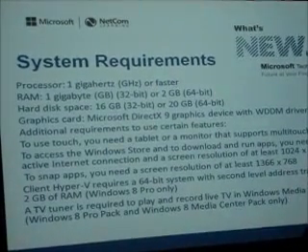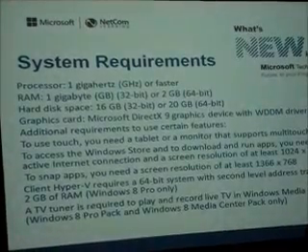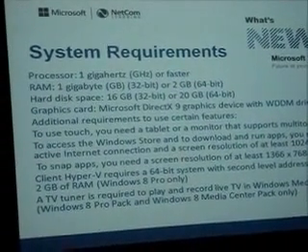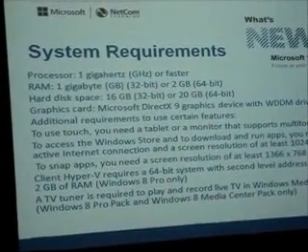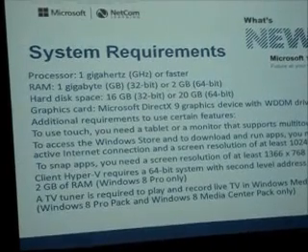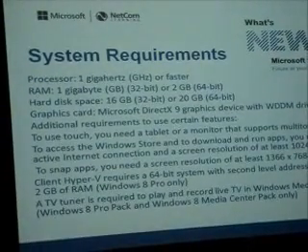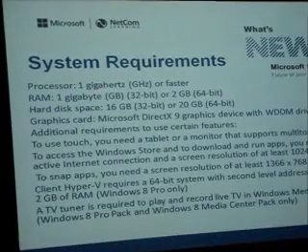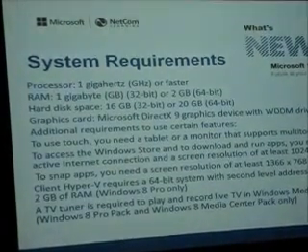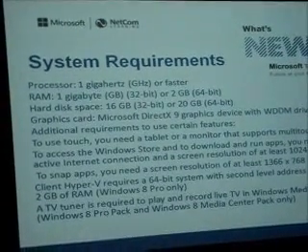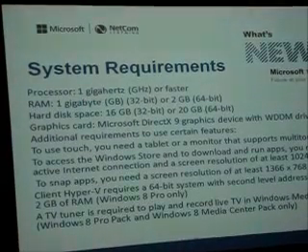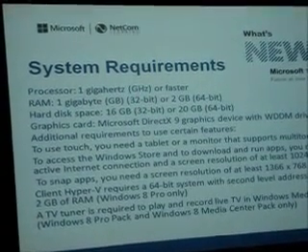Now, Microsoft recommends, and what I usually do is I double whatever the minimal requirements are. This way the operating system just runs a little more proficient and you're able to do more with it. They recommend 1 gigahertz processor or faster. Okay, 1 gigabyte of RAM there for 32-bit installations.